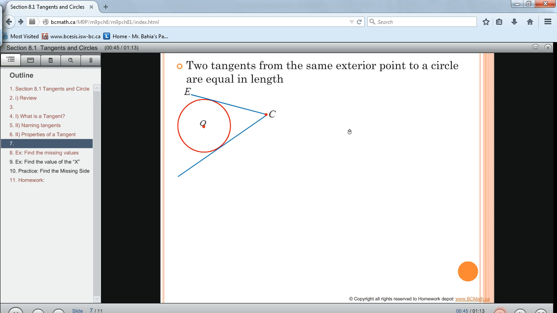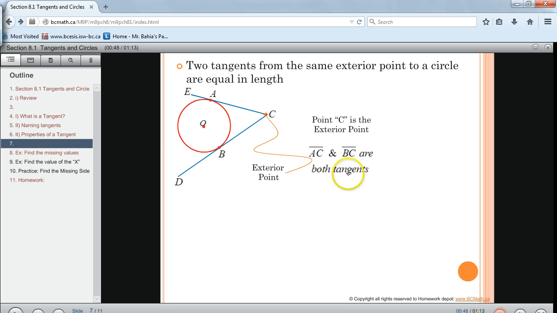So there's the lines. There's the exterior point. What we're saying is AC is going to be equal to CB or BC. They're both tangents. They're both equal to each other.